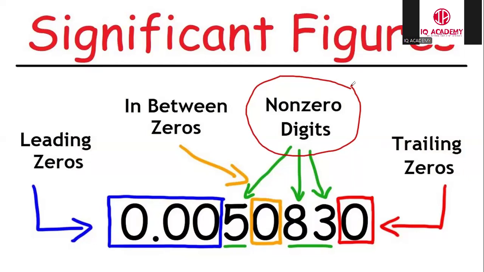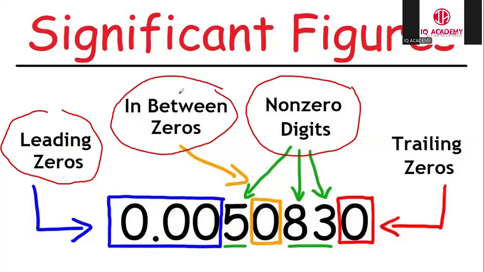And then we have zeros, and these zeros are divided into 3 types. We have what we call leading zeros, which you can see indicated here. Leading means they're in front, before a non-zero digit. You can see this 0.00 here is in front of this 5, so they are leading. Then we have zeros that are in between, also called captive zeros, because they are between non-zero digits, like this zero here in yellow.